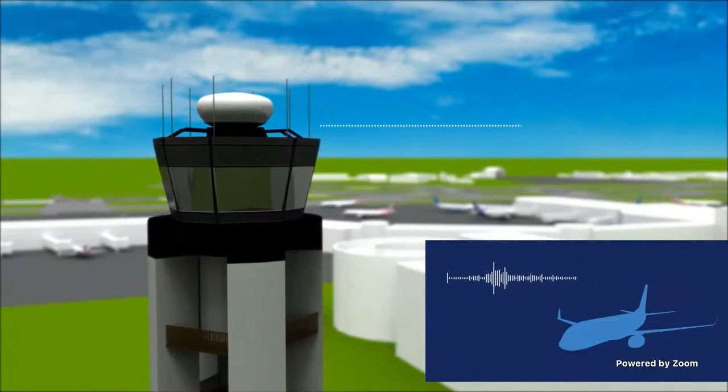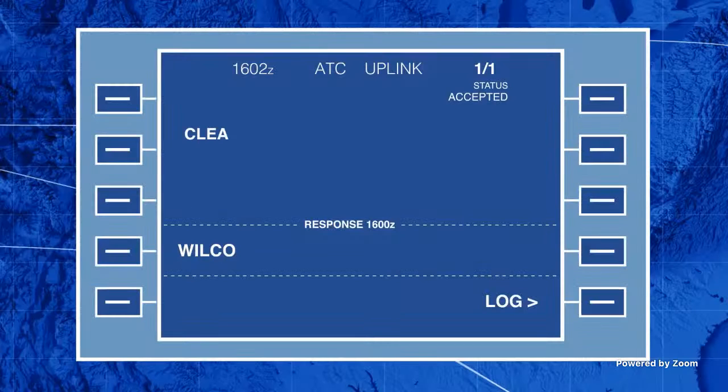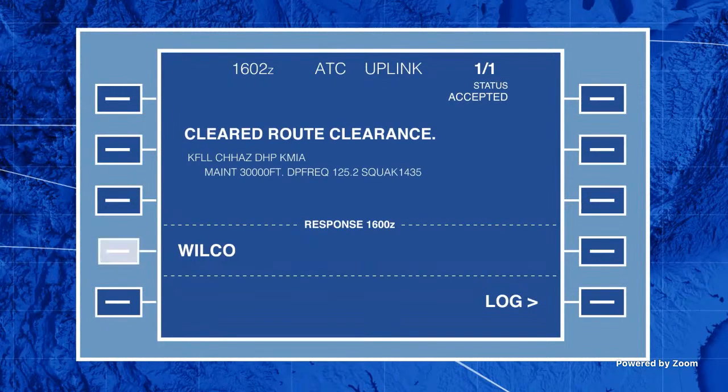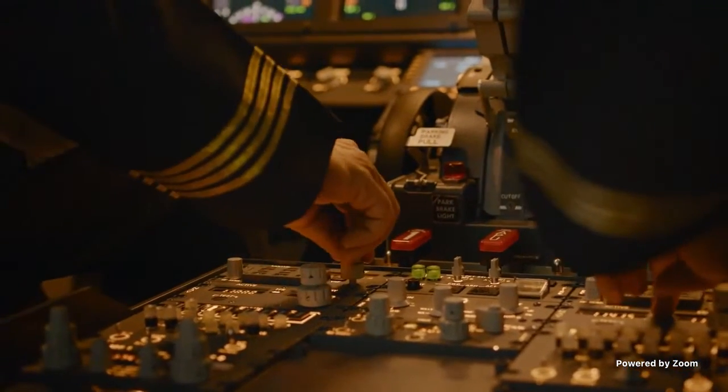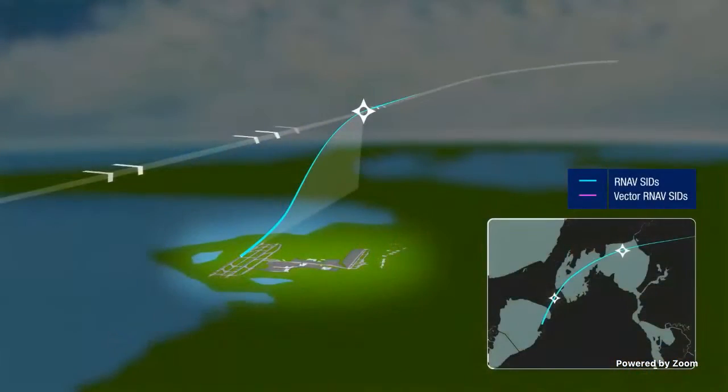The FMS gives the pilot a predetermined departure path, or heading, altitude, and frequency for communications during each phase of flight. They can follow a heading or a vector that will disperse aircraft paths over a specific point. RNAV SIDs that use these types of headings are called vector RNAV SIDs.